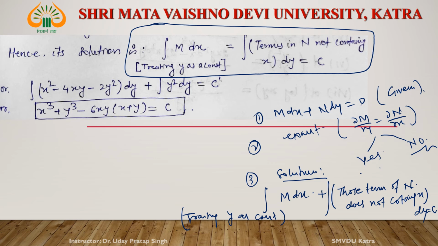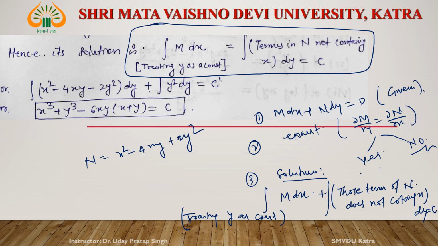So M dx, what is M? x square minus 4xy minus 2y square, dx. Plus the integral of capital N, in which we take only the term that does not contain x. What is capital N? x square minus 4xy minus 2 x square, plus y square.